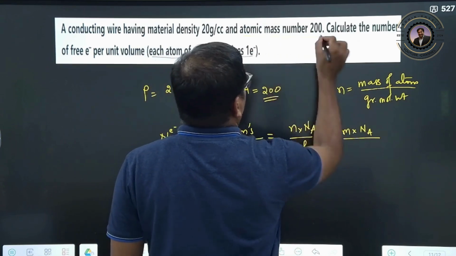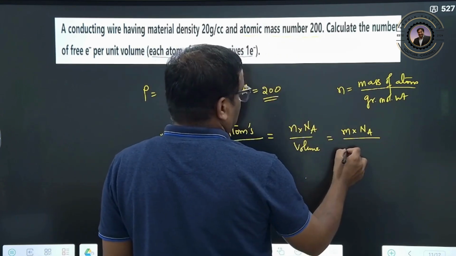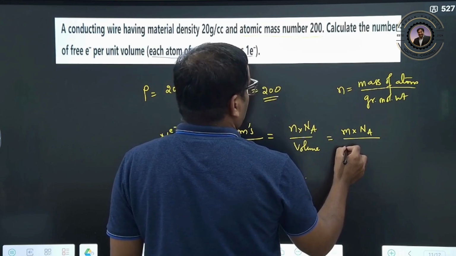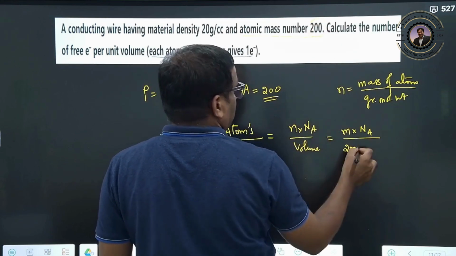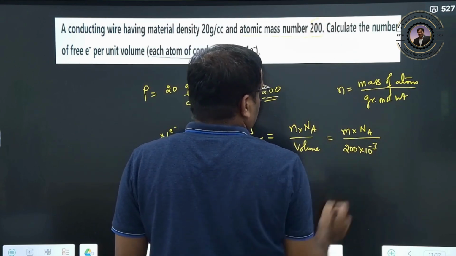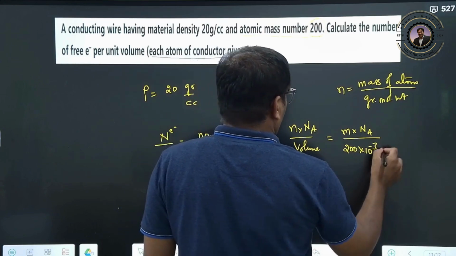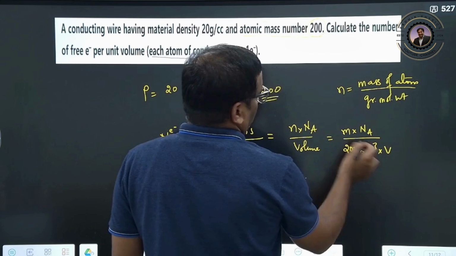Here the atomic mass number is given as 200. This is 200 means 200 grams, no, 200 into 10 to the power of minus 3 kg. So therefore into volume.